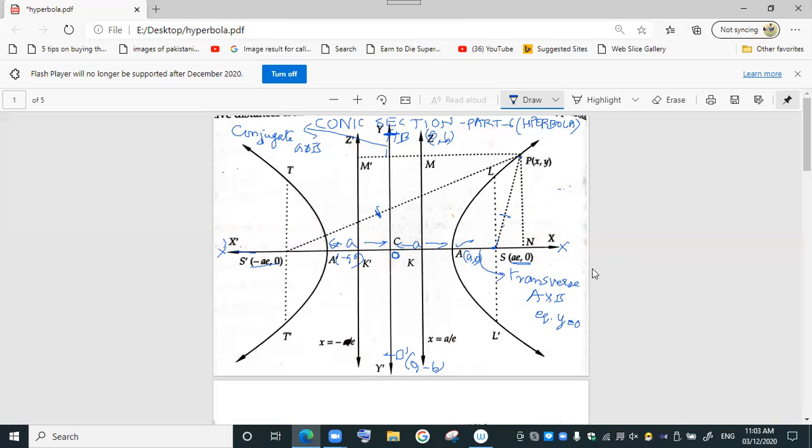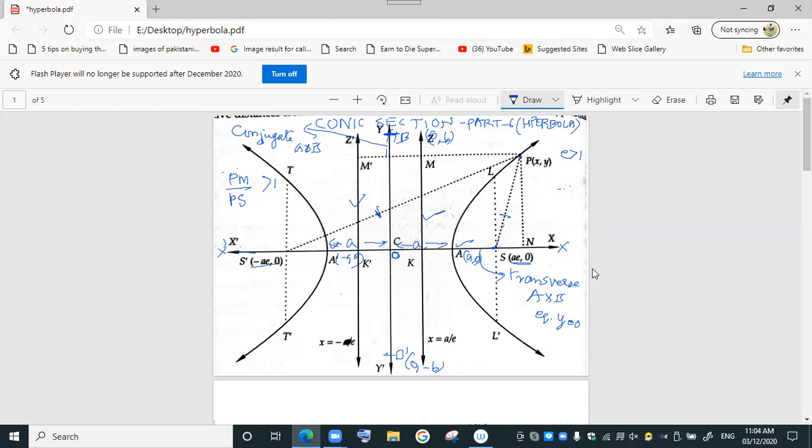There are two directrices, Z and another. The point moves so that the eccentricity is greater than 1, meaning PM upon PS, the eccentricity, is greater than 1.